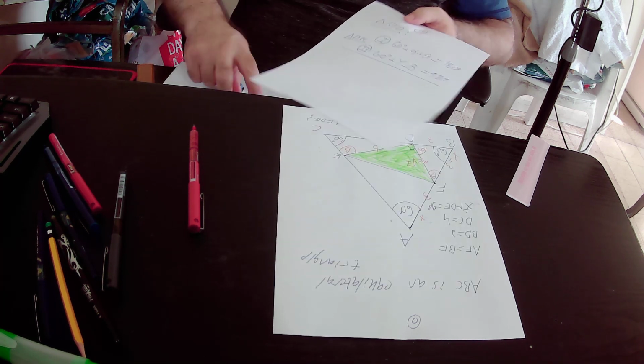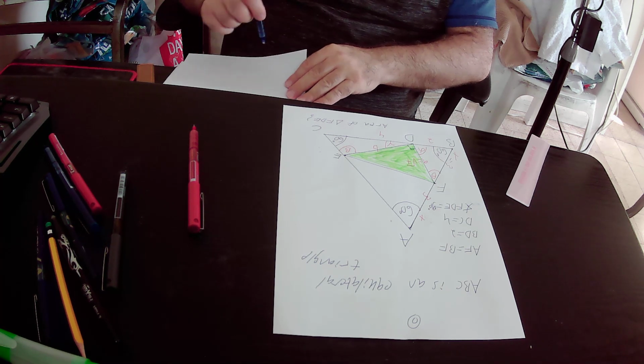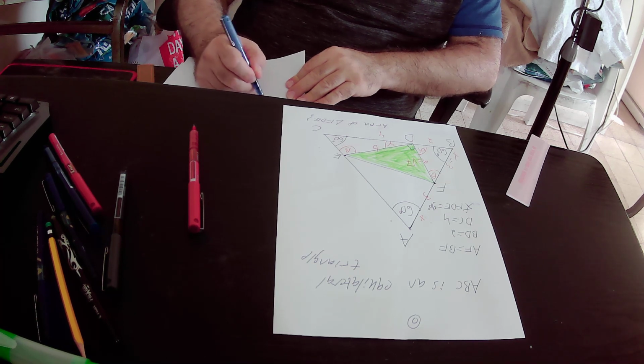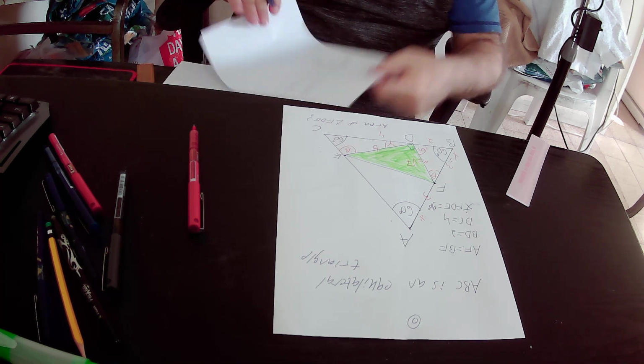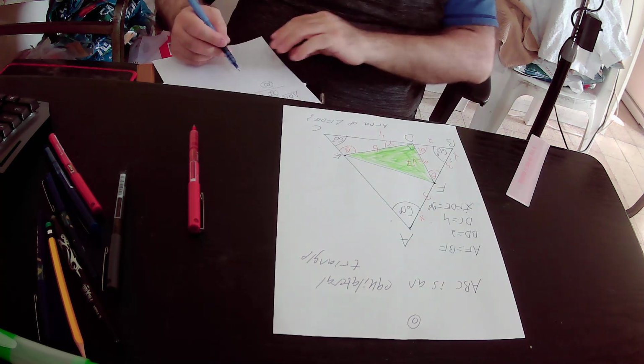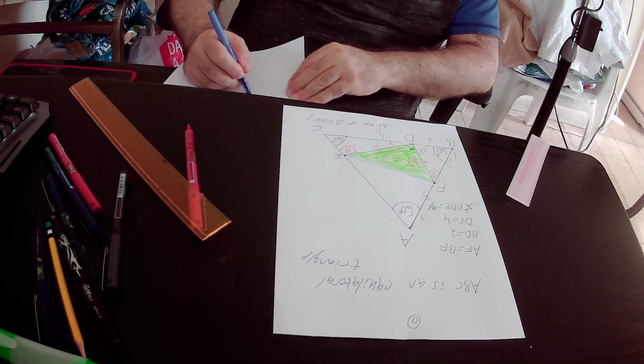So 60 degrees plus 60 degrees equals 120 degrees.